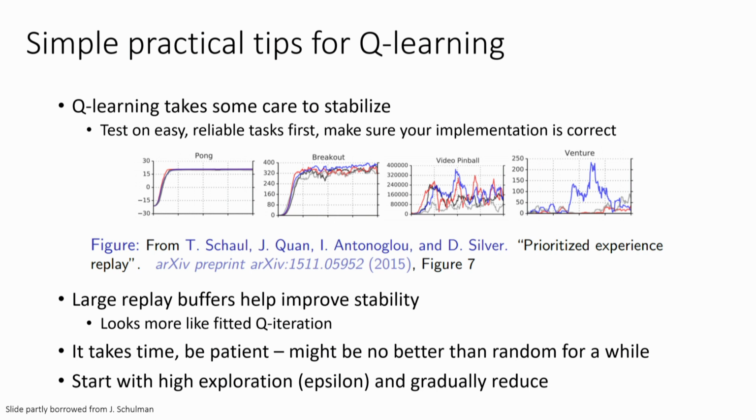If you're doing, for example, epsilon greedy exploration, it might help to start with very large values of epsilon, so you're mostly exploring randomly. That makes sense because initially your Q function is so bad that it's not really helping you take better actions anyway, so you might as well just take random actions. But then over time you want to decrease that number because as your Q function gets better and better, it'll be better at putting you into those higher reward states where you'll see more useful transitions.